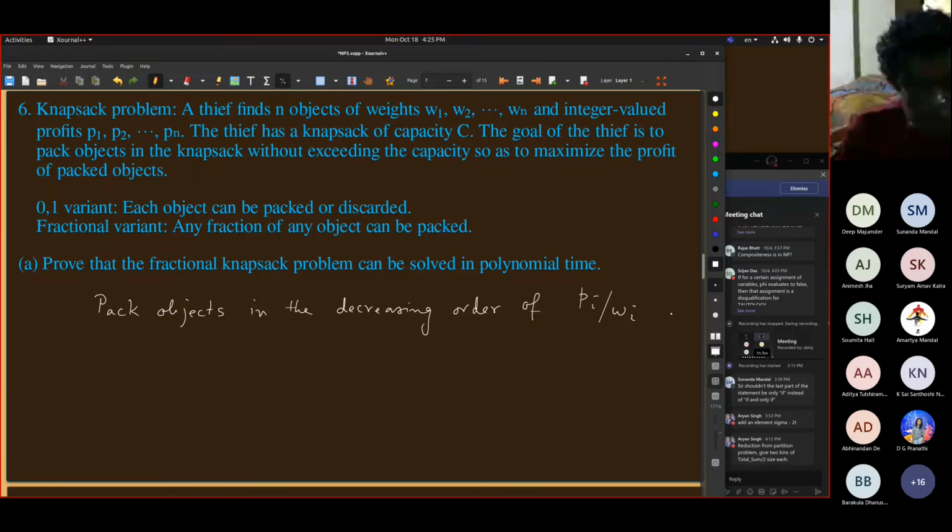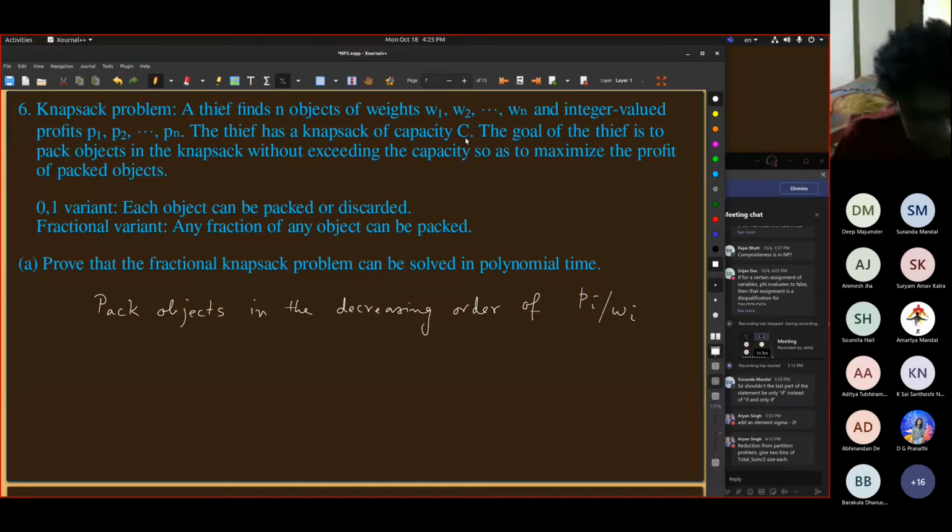So you compute these real values, keep on packing, and maybe for the last object you take some fraction of it, so that the total capacity is exactly C.